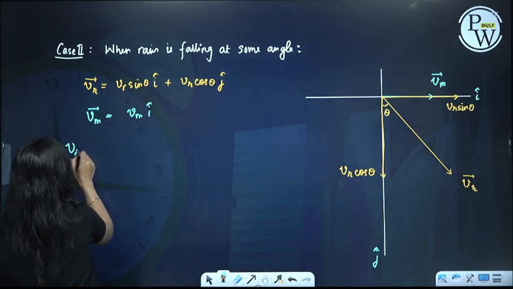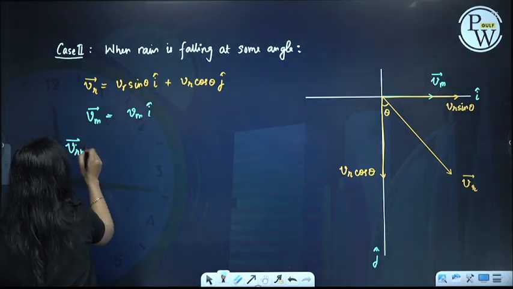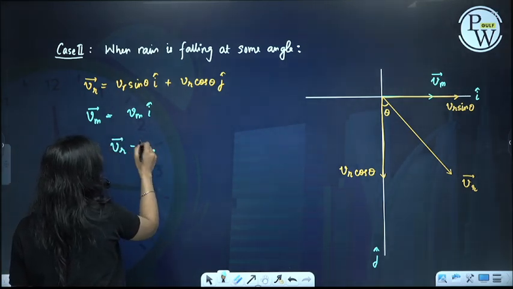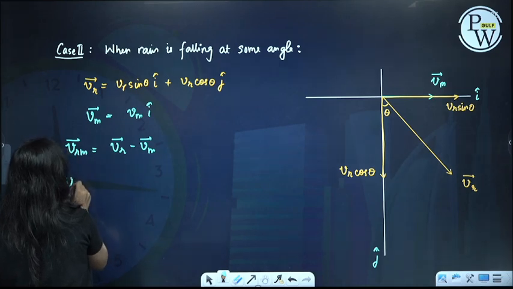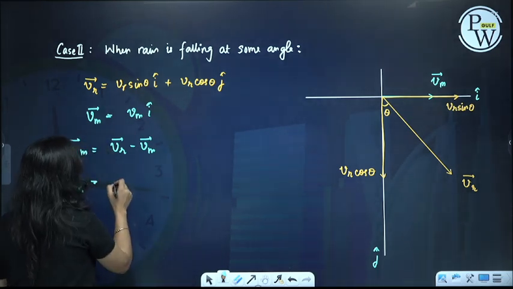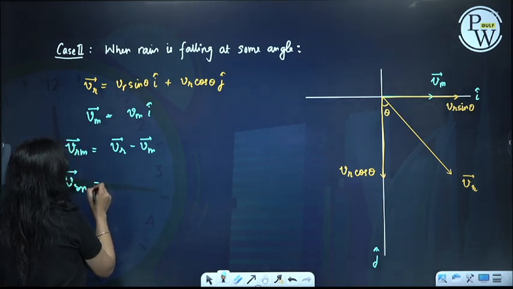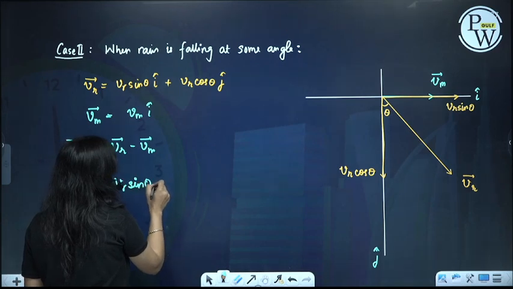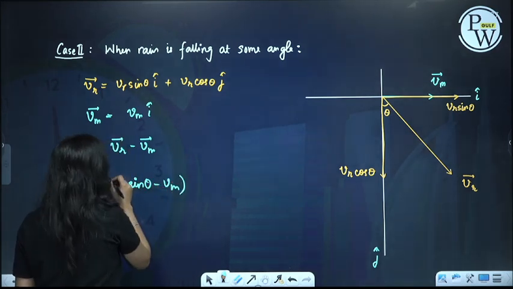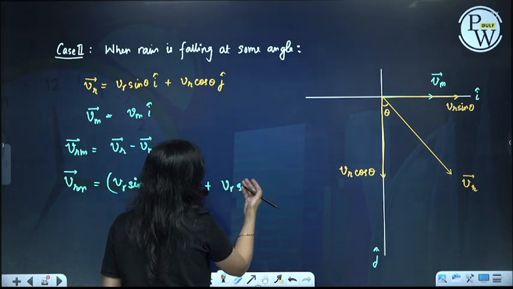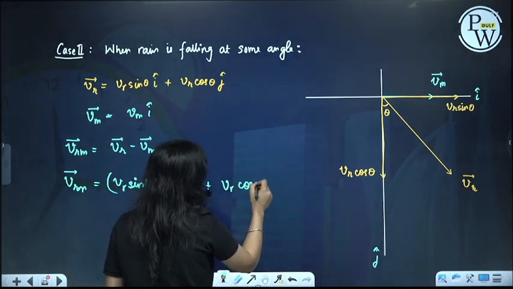Now what is my velocity of rain with respect to man? It will be Vr vector minus Vm vector. Substituting the above two vectors, we get that the velocity of rain with respect to man is (Vr sin theta minus Vm) i cap plus Vr cos theta j cap.